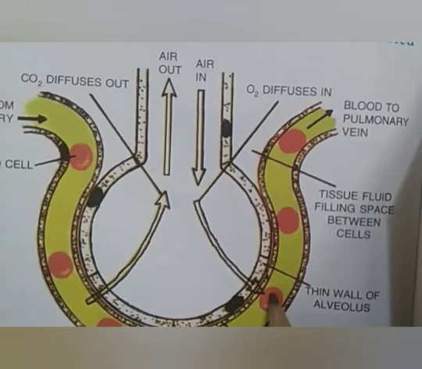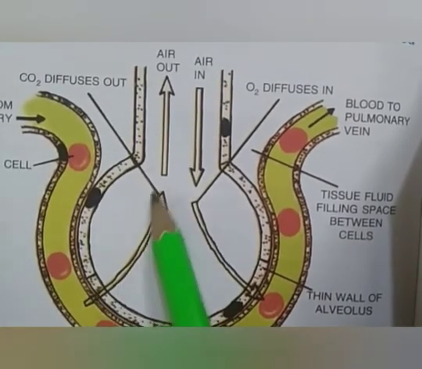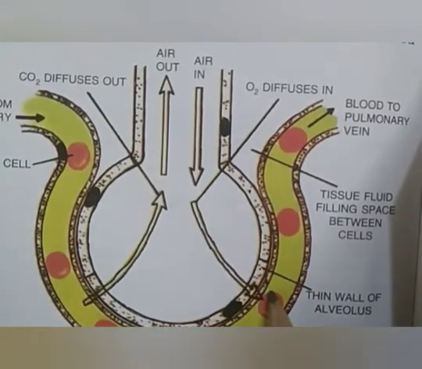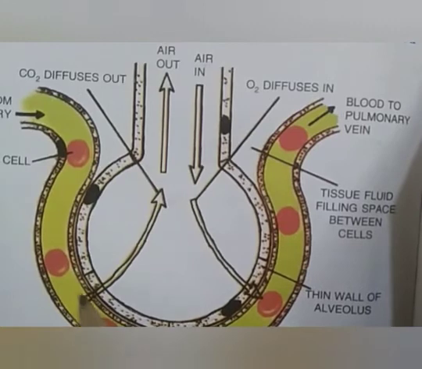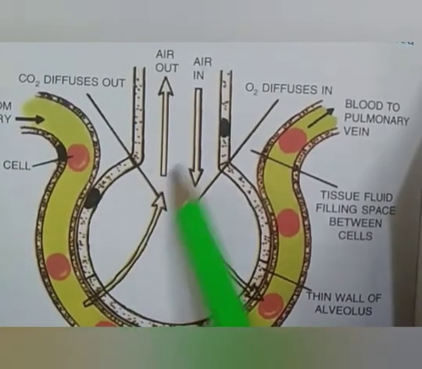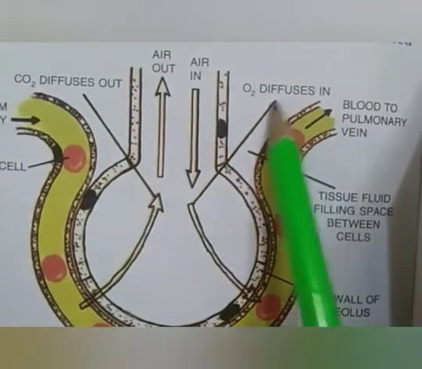And carbon dioxide moves out from the blood, through the same passage from which the oxygen entered. You can see carbon dioxide diffuses out, oxygen diffuses in.